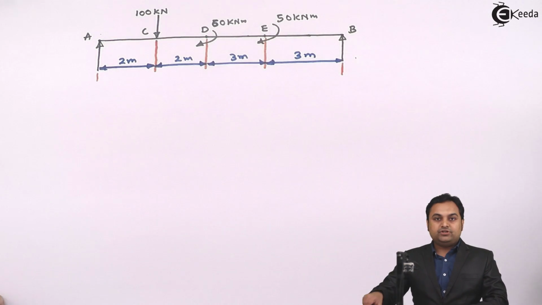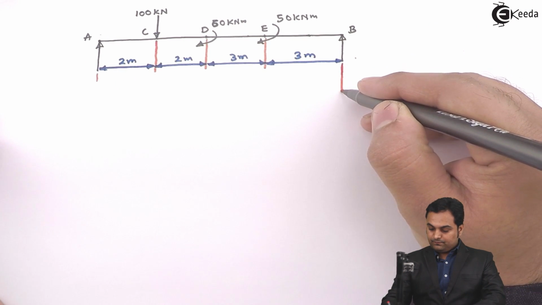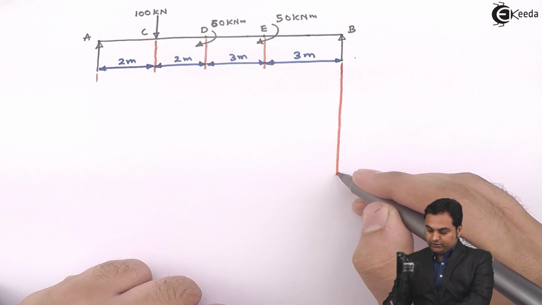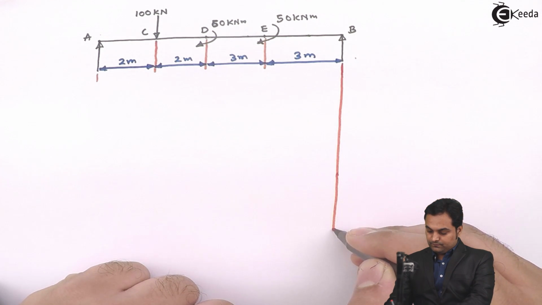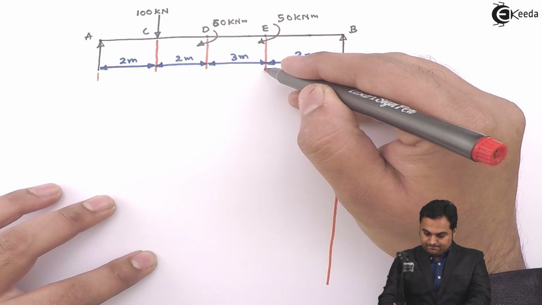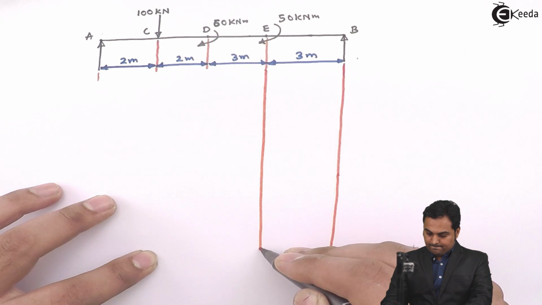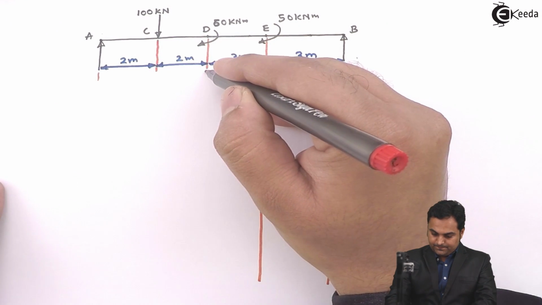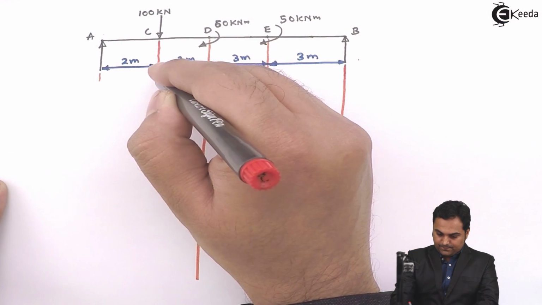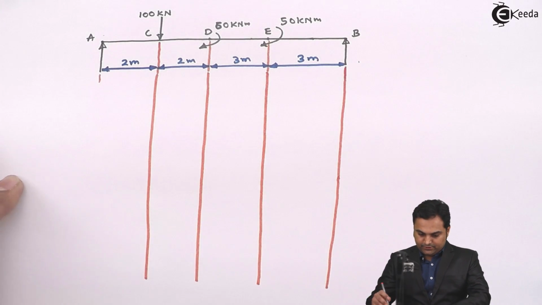Now here I project these points one by one. That is, first here, as we can see, I am projecting point B downwards. Next, point E. Then point D. And point A.